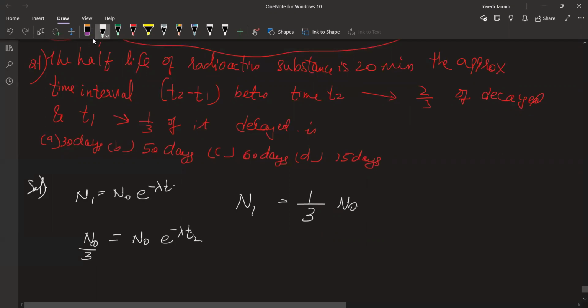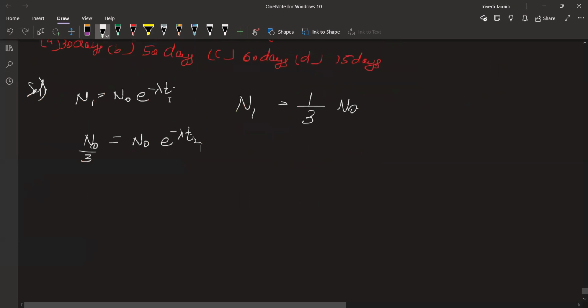Talking about T2 only: 1/3 N0 e to the power minus lambda T2.